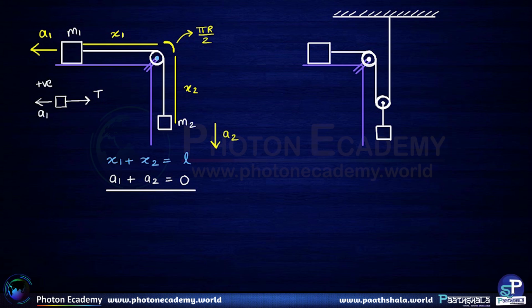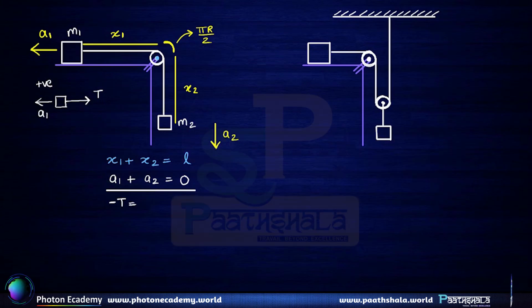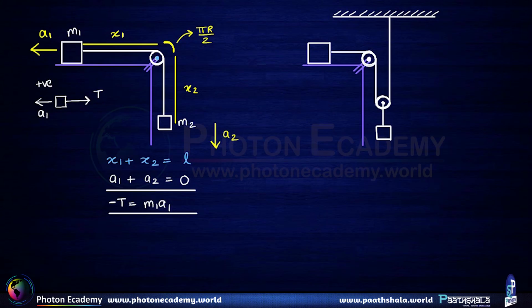So we are going to get an equation which says minus T is equal to m1a1. This happens to be a counterintuitive equation, but it is correct in the context of using constraint motion relations and constraint motion systems, because whenever we differentiate, we have to assume all the accelerations to be going away from the rigid support or all the accelerations to be coming towards the rigid support. This we have seen earlier.